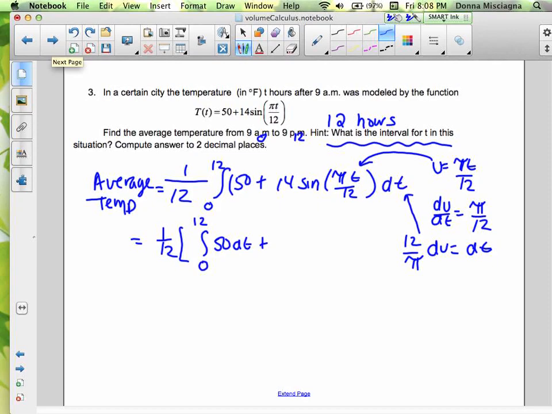So you've got 14 times 12, and that's 160, is that 168? Divided by pi. Yes. All right. And that would be sine u du.